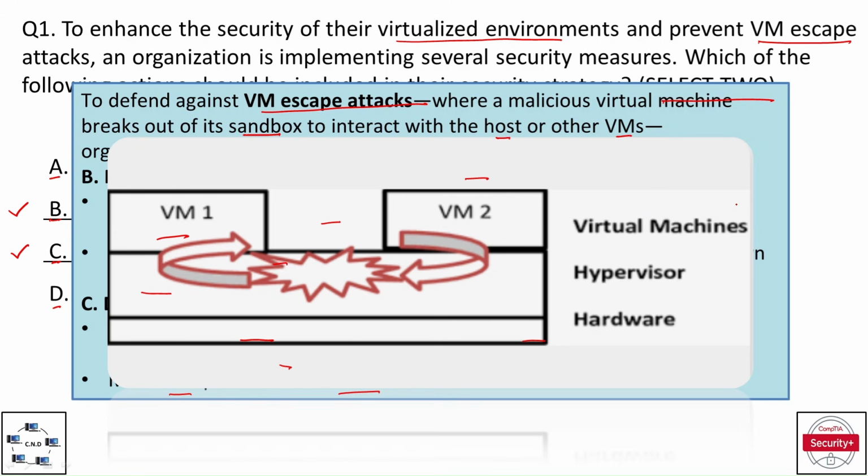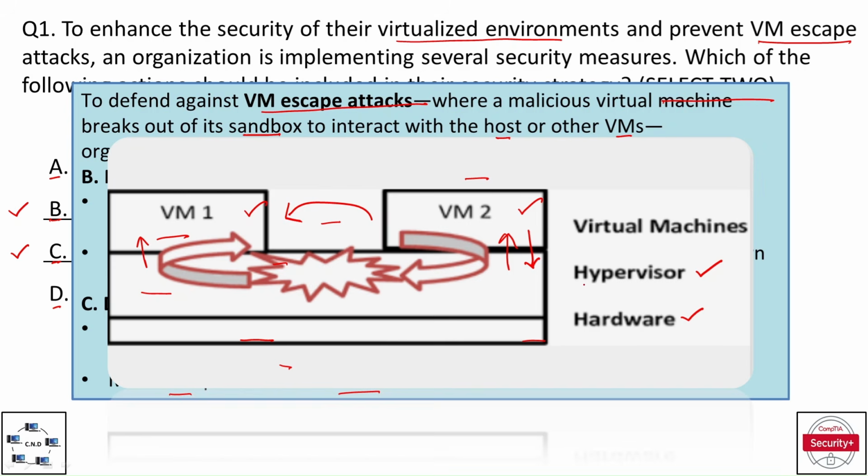So this is how the virtualization works. At the base we have the hardware, on top of the hardware we have the hypervisor, and on that hypervisor then we make different virtual machines. So basically the hypervisor is the controlling mechanism or the operating system that controls resources to the VMs as well as their communication, and these VMs are not supposed to directly interact with the hypervisor or with the other VMs without any control mechanism.